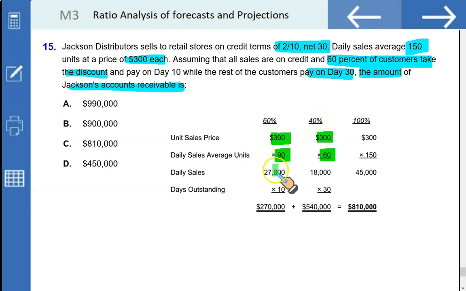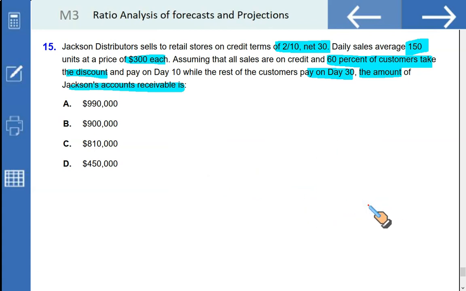So our daily sales to those customers who pay us in the discount period is $27,000, and to those who pay us after the discount period is $18,000. This $27,000 of sales remains outstanding for 10 days, giving 270, and the $18,000 of sales to those customers who pay us after the discount period, they pay us on the 30th day, so this amount remains outstanding for 30 days. So what you get is 540. Adding these two up will give you the average account receivable.